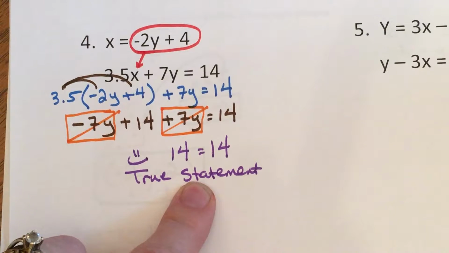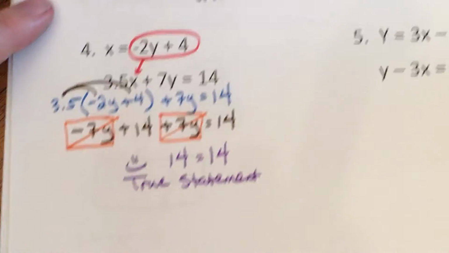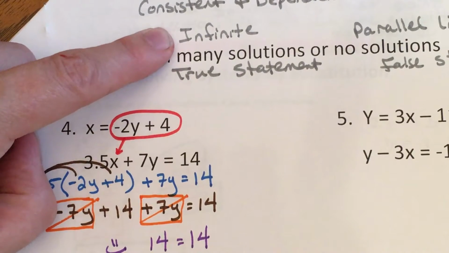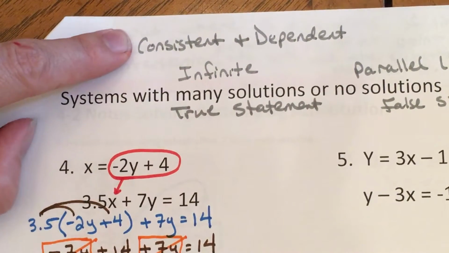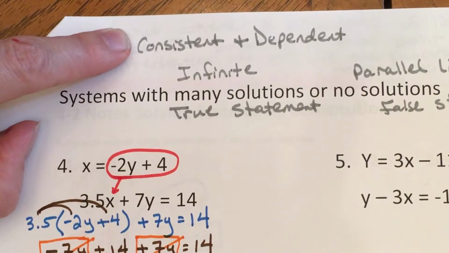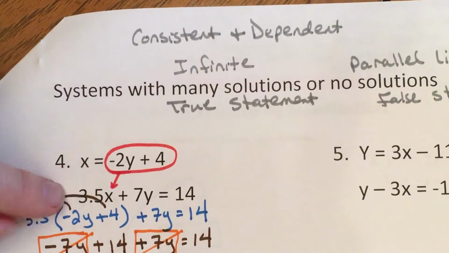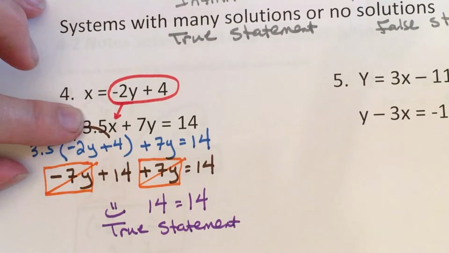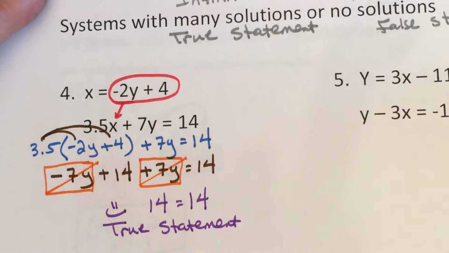Since this is a true statement, I know that this system of equations will have an infinite number of solutions where their relationship is consistent and dependent, because truthfully, these two equations are the exact same line. They're just written different. It's just written weird.